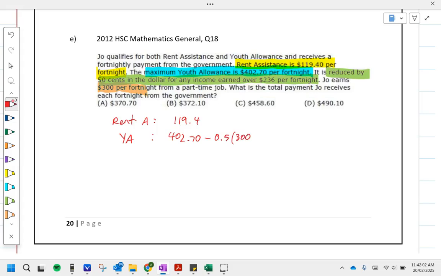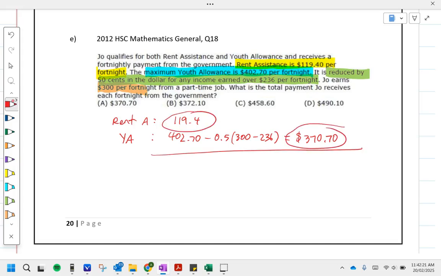So we take her 300 and minus the 236, and that's going to give us, let's put that in a calculator, we should get $370.70. So altogether, we're just going to add these two numbers. That's going to be how much she gets. $490.10.